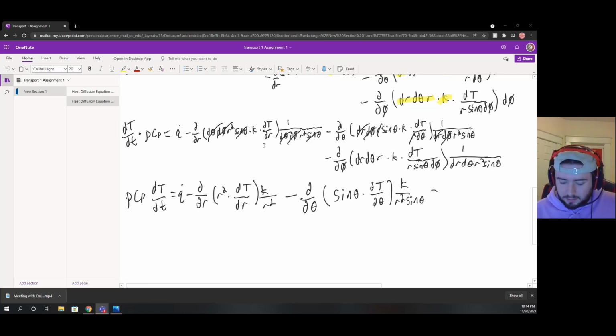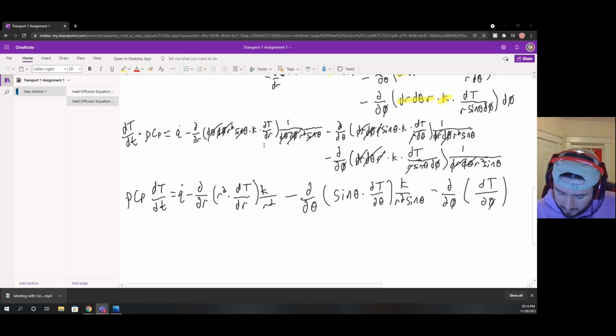And for our last term, we can cancel dr, d theta, and we can cancel an r down here. And then we're left with this. Partial derivative in terms of phi times change in temperature over d phi.